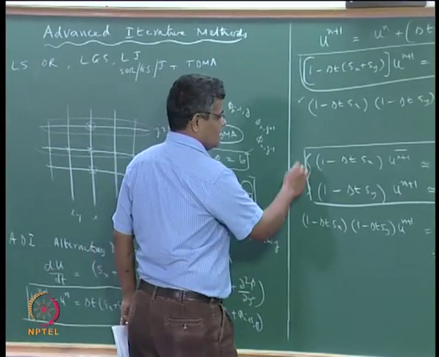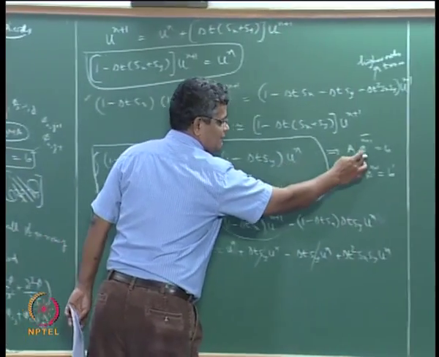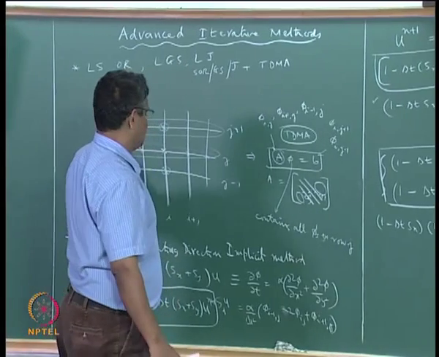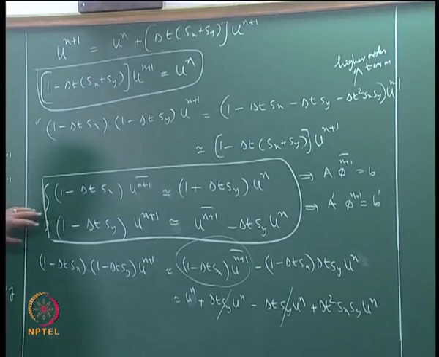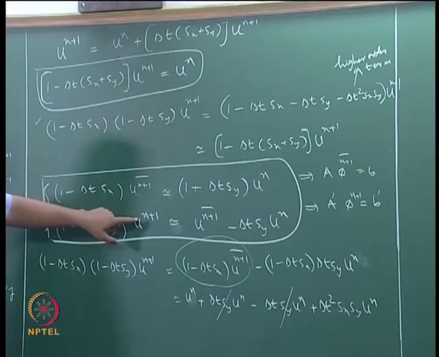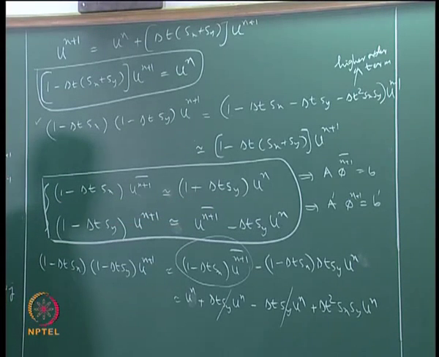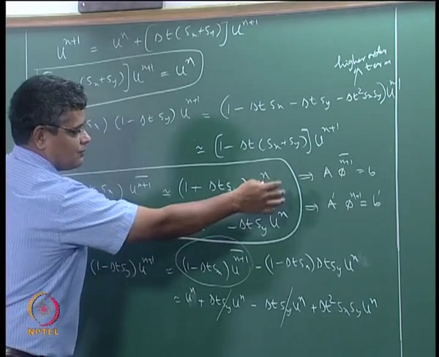First we solve this one to get phi n plus 1 bar for all the points, and then we use this one to get n plus 1, and that will complete the step of going from n to n plus 1 in this two-step process. So we make use of two TDMA schemes to go from n to n plus 1.